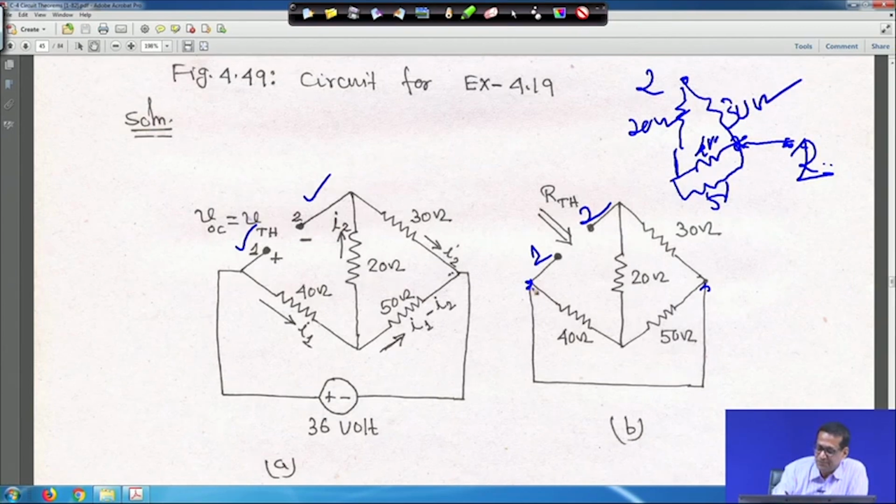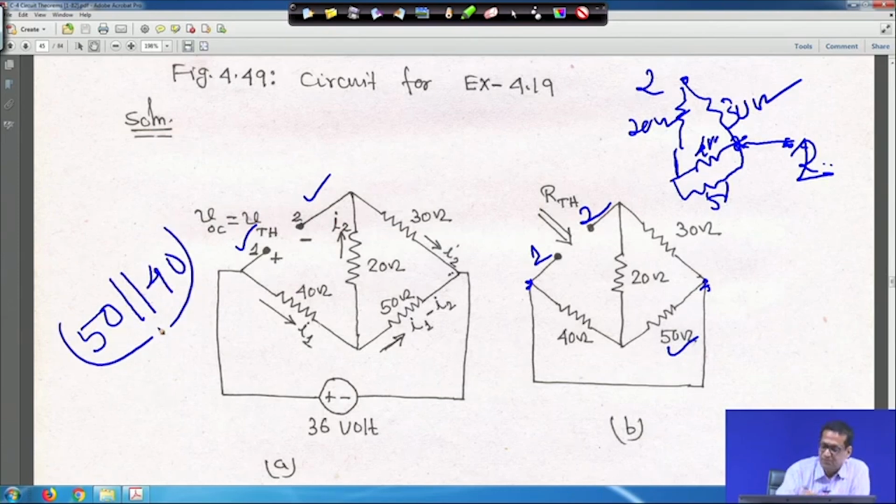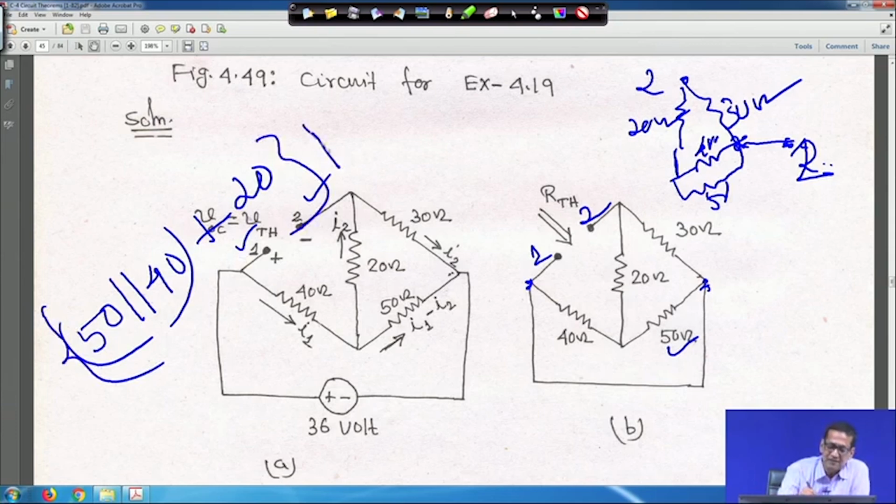What I did was bring this point here, which means 40 and 50 are in parallel, because no other electrical element is here. So 40 and 50 in parallel, whatever that comes to is in series with the 20 ohm, and whatever that comes to is again in parallel with the 30 ohm. That is, 50 parallel to 40, plus this 20, and whatever you get you add it, and that is in parallel with 30.